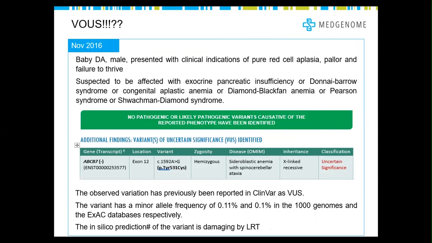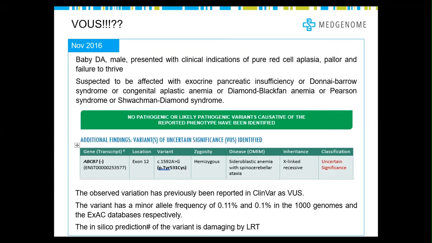We can't take a decision, we can't ignore it. So this was a child who presented with pure red cell aplasia, pallor, and failure to thrive. And he was suspected to be affected with pancreatic insufficiency. And again, a big list of differential diagnoses. What we could find was a hemizygous variant, it being an X-linked recessive condition in a male.